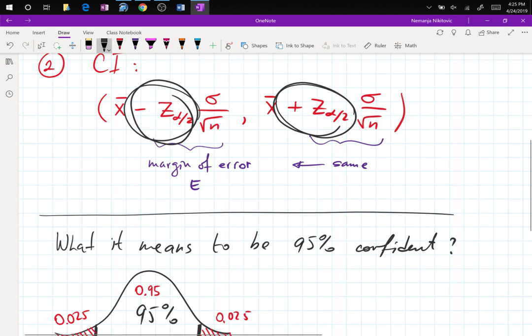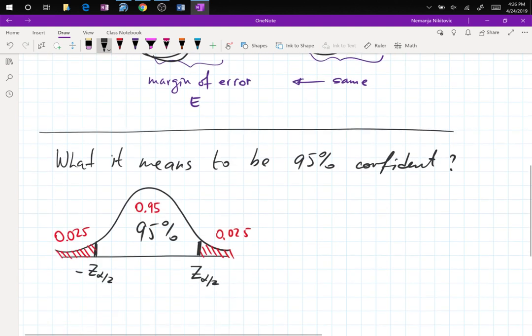So this alpha over 2 notation is just something that we use to denote that there are two regions, one to the left and one to the right, and your mean is supposed to be trapped somewhere in between these values. And you will have 95% confidence that that mean or that price or whatever is going to be in there.